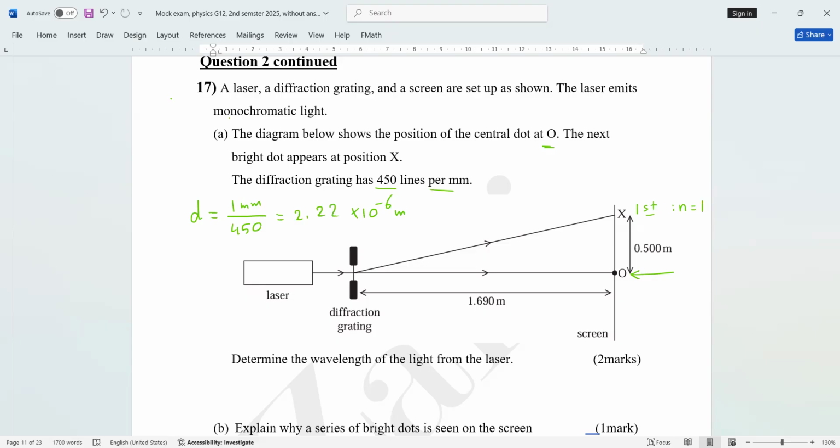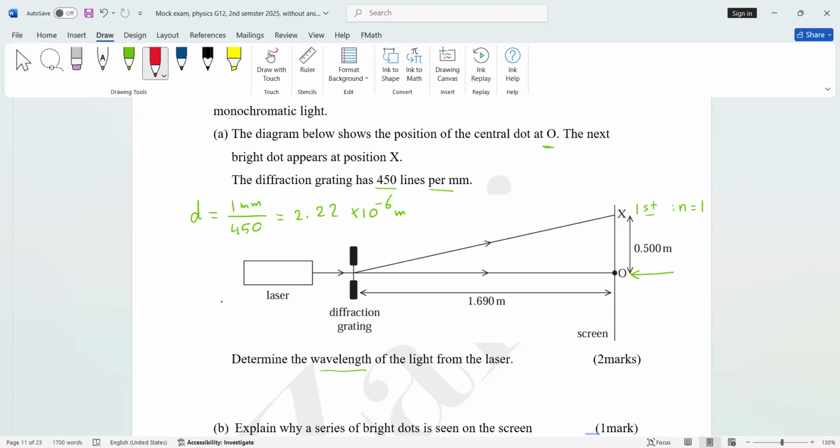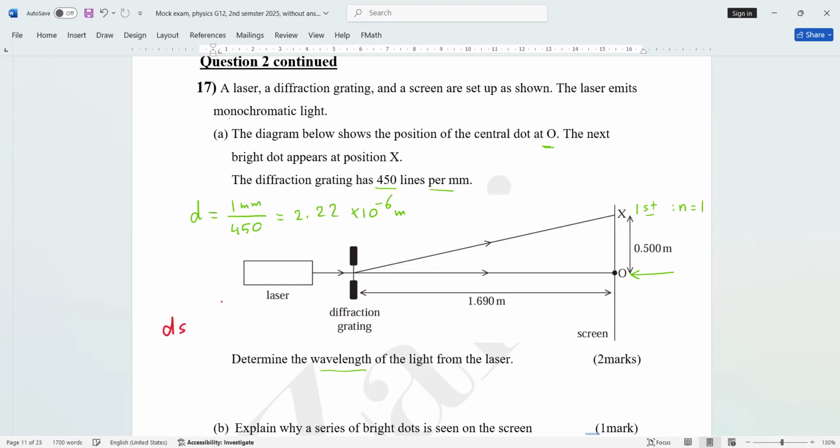So this is d. He said determine the wavelength of light. The formula that we can use is d sine theta equals n lambda. Then lambda equals d sine theta over n. d is already given. n is 1.